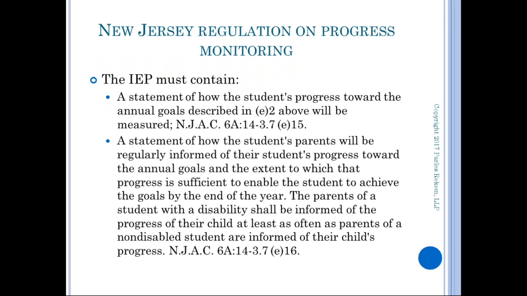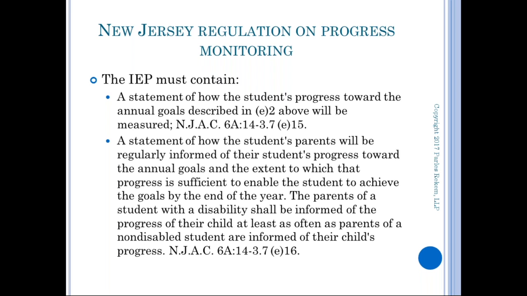Similarly, in the New Jersey regulation, it states that the IEP must contain a statement of how the student's progress towards the annual goals will be measured, and a statement of how the student's parents will be regularly informed of their student's progress towards the annual goals, and to the extent to which the progress is sufficient to enable the student to achieve the goals by the end of the year.